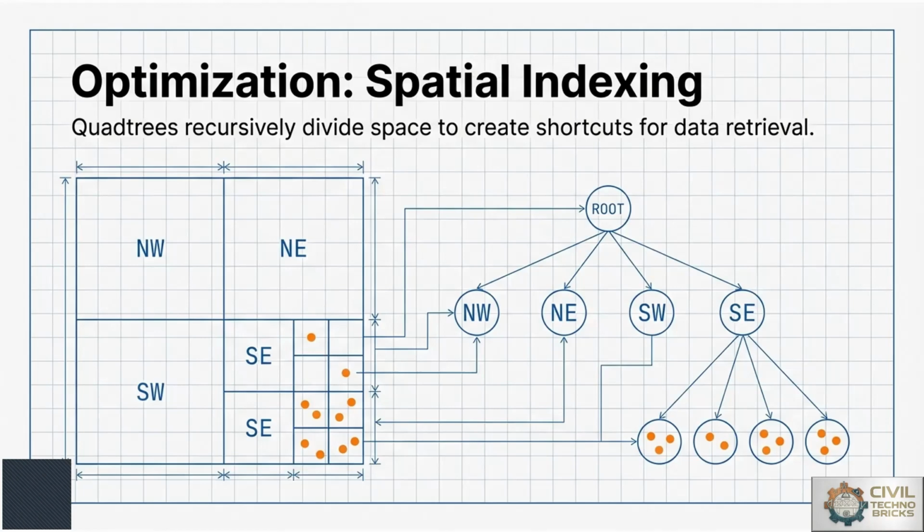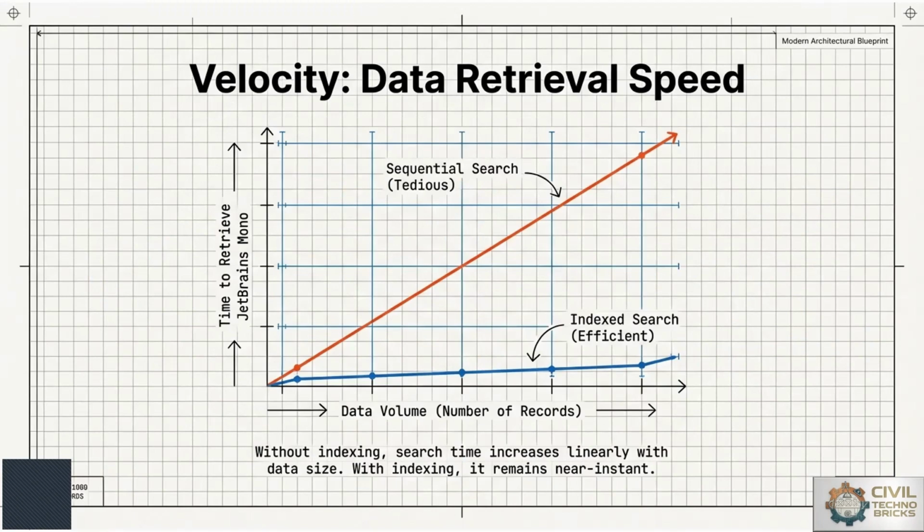So the importance of spatial indexing for data retrieval is most important. That data retrieval is used again and again for the updating of existing structures based on some routes. There is the velocity, which is the speed of data retrieval.